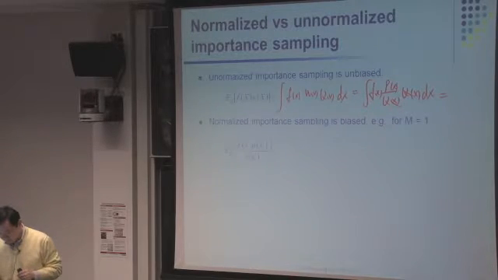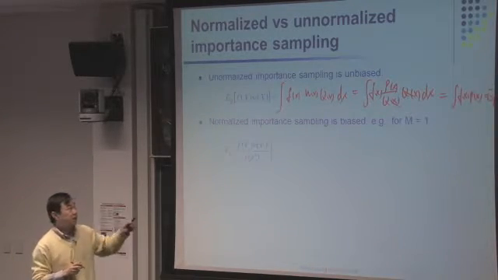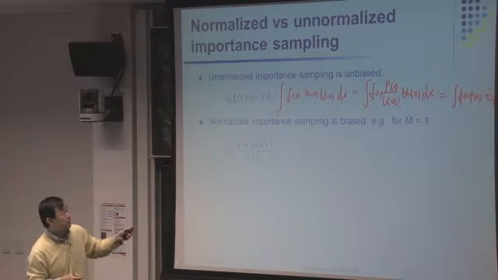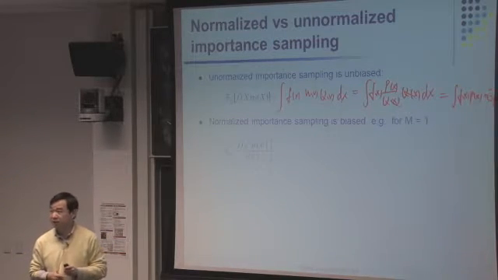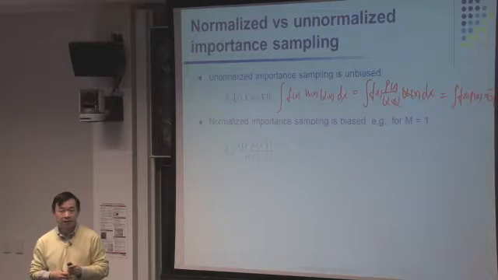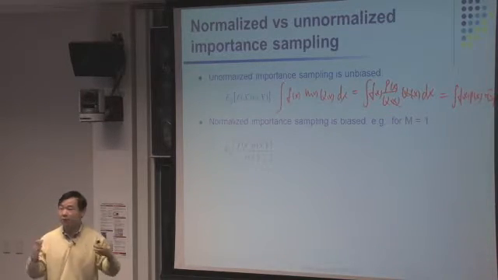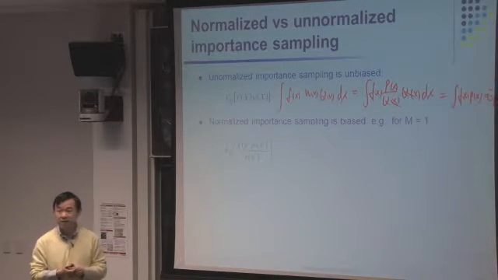Therefore, I'm going to get f(x) P(x), which is actually the expectation of f under P, right? So just by this very simple derivation, you will see that this expectation is converging to the true expectation, and this equality holds because I did the whole thing infinite times. Therefore, they are equal, right? So we call this an unbiased estimator.